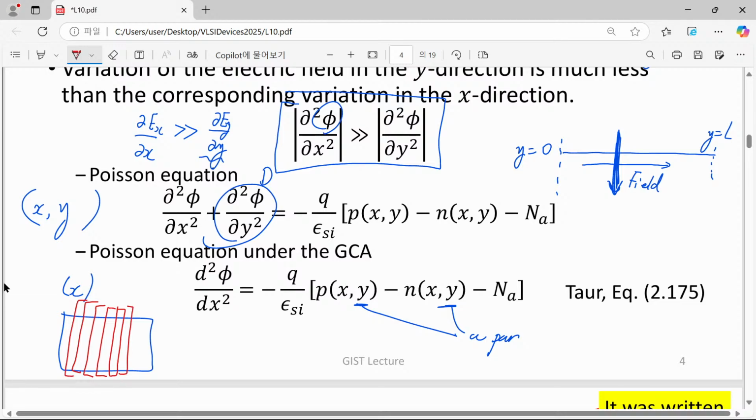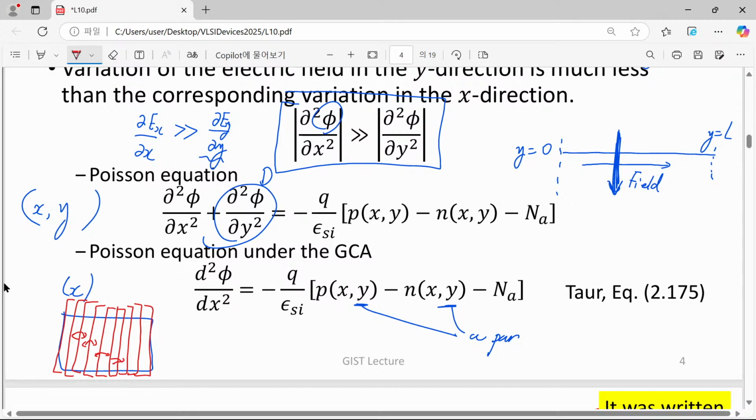How can you justify this? Because their interaction is not that high, so we can just consider all of these slabs. That is the way we do it.